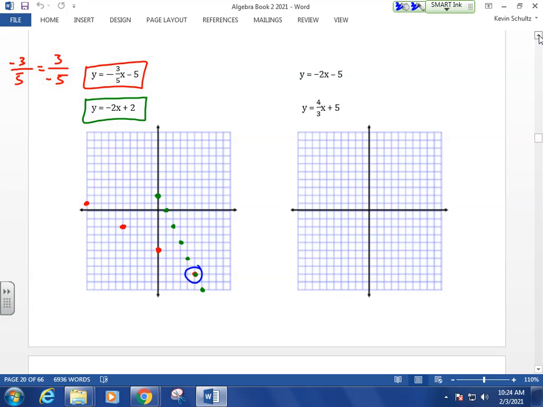Okay. Everyone see how I got that point circled in blue there? Graphing each equation, seeing where they intersect. That represents the one solution that works in both. That ordered pair looks to be 5, negative 8.